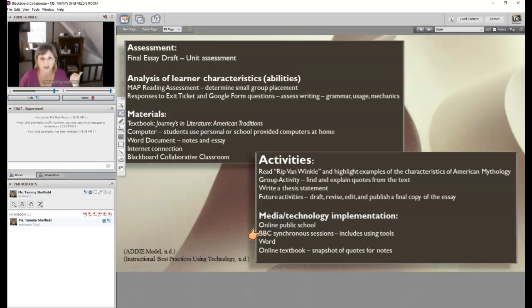They will be able to use the microphone in their small groups, along with the chat and whiteboard privileges that allows them to write on the whiteboard. And then, of course, they will be using their online textbook if they choose to. In the group activity, they can use the online textbook to take a snapshot of the quotes that they might use in their notes when they write for their paper.